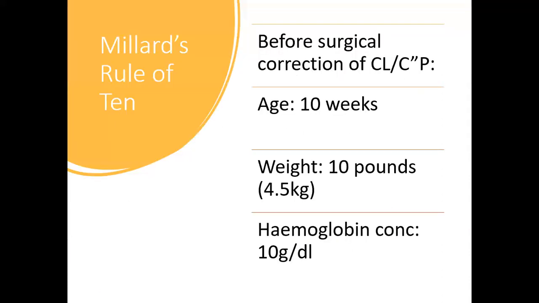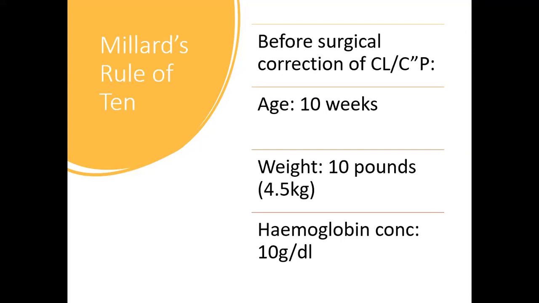So we have the Miller's rule of 10 for correction of cleft lip or cleft palate. Before surgical correction, remember that the patient must be at least 10 weeks of age, weight of 10 pounds, and hemoglobin concentration of 10 grams per deciliter.